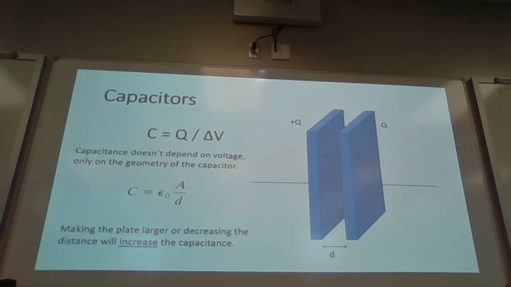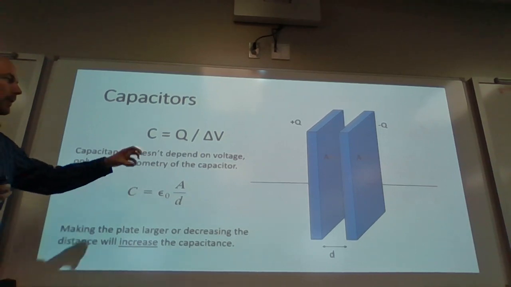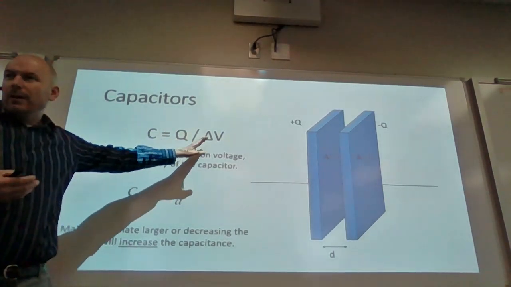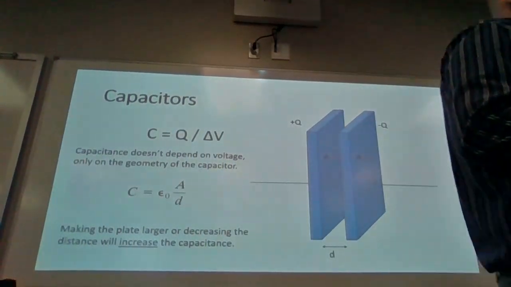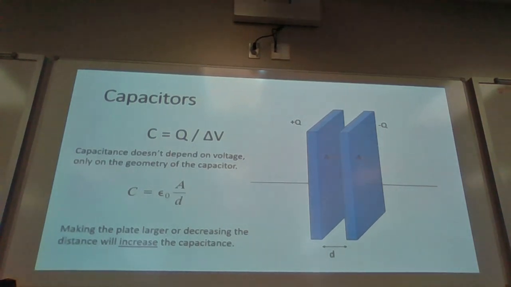So capacitance is the ratio of how much charge can be held in a capacitor for a given amount of voltage. It's coulombs per volt. For the pressure tank analogy, if you have a pressure of like 20 psi, how much water is going to be held in that tank?